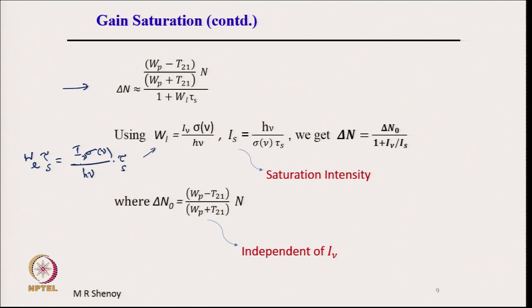Now, what we are saying is, leaving I nu, if you take these 3 terms together and call this 1 by Is, or Is is equal to, as defined there, h nu by sigma of nu into tau s, then we can write delta n is equal to delta n 0 divided by 1 plus I nu by Is.